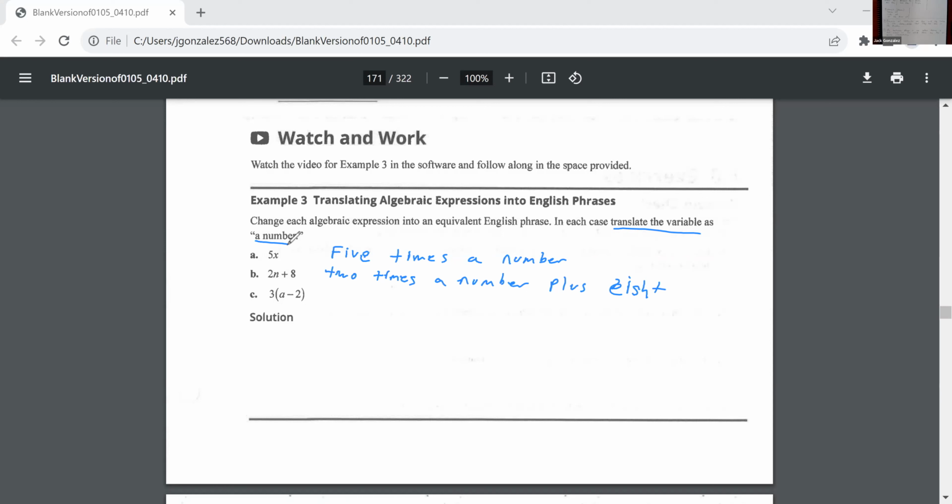Instead of plus or times here, say 3 times the difference of a number and 2. Whatever you can.